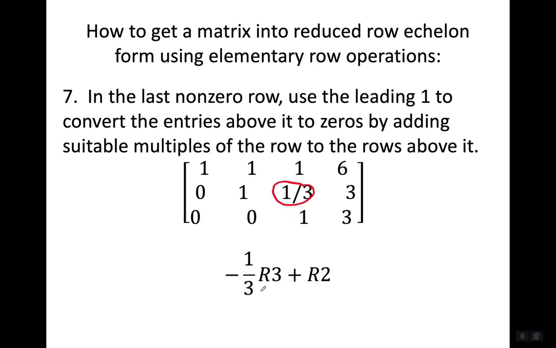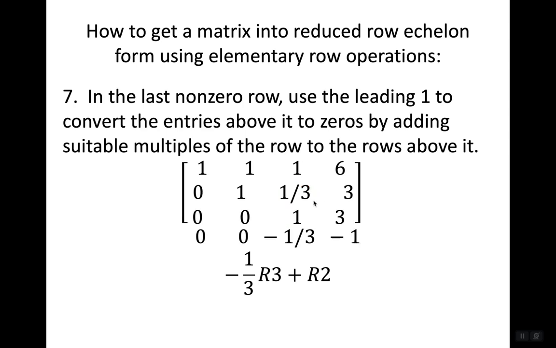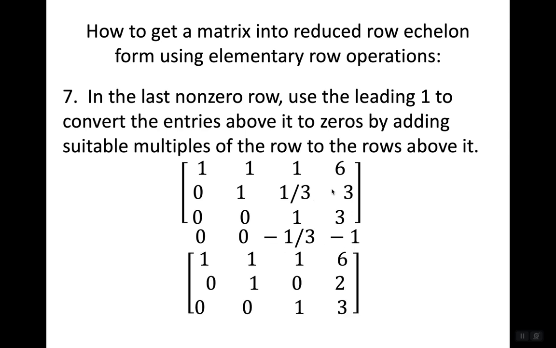So -1/3 times row 3 added to row 2 is going to get rid of this guy. -1/3 times row 3 will give us 0, 0, -1/3, -1, and then let's add that to row 2. So we end up with 0, 1, 0, 2. That's great. Now let's get rid of this one.